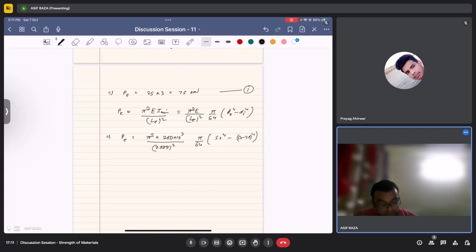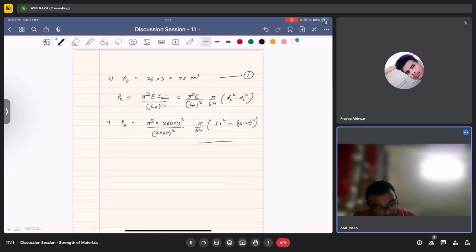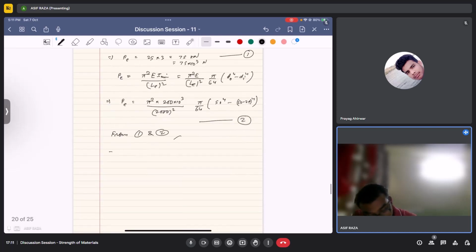This is equation 2. P I can write as 75 into 10 power 3 Newton. So from 1 and 2, I can write 75 into 10 power 3 into pi square into 200 into 10 power 3 upon 2000 square, and pi by 64 times 50 to the power 4 minus 50 minus 2t to the power 4.